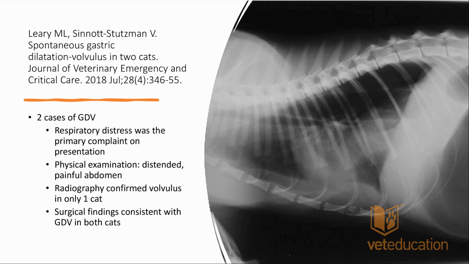It could be 120 degrees. It doesn't necessarily have to be 180 degrees, which is what we're all taught in vet school. So sometimes you don't see 2 gas bubbles. You don't see that double bubble in the stomach, the 2 gas-filled chambers. Sometimes you just see 1 gas-filled chamber in the stomach. So this can catch you out.